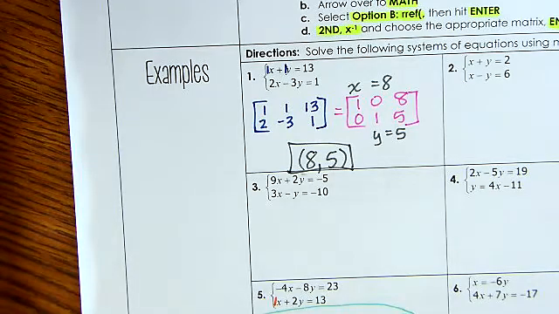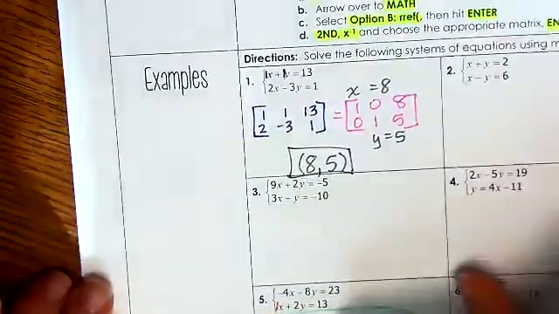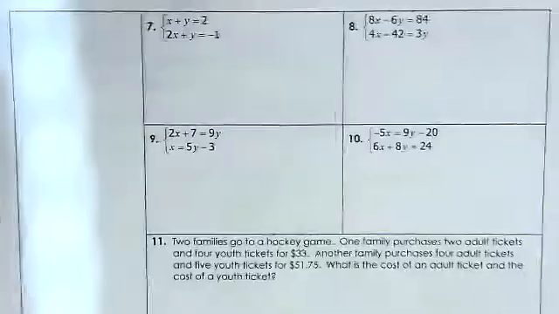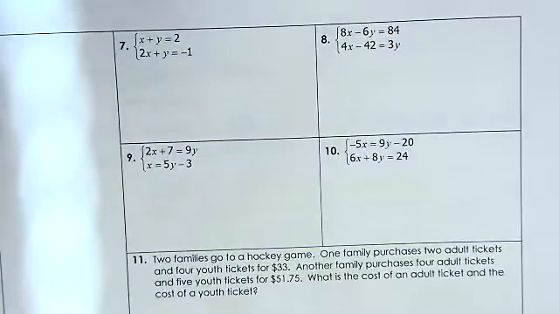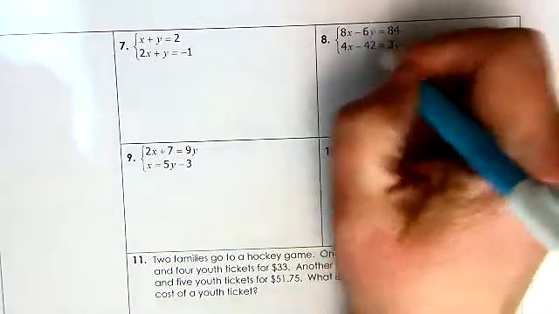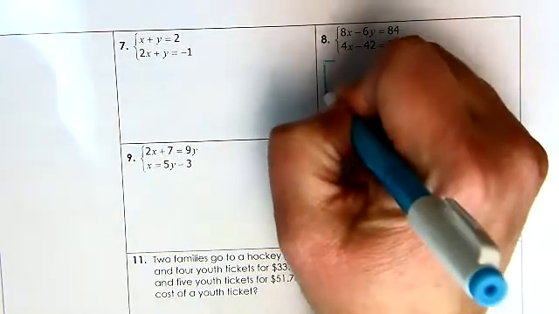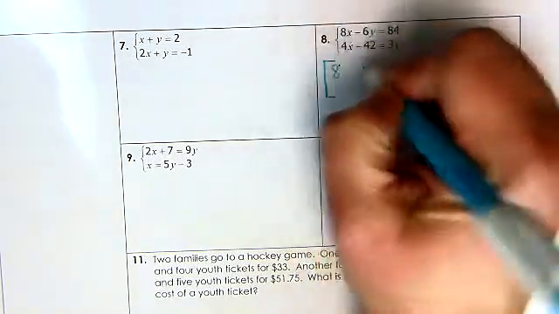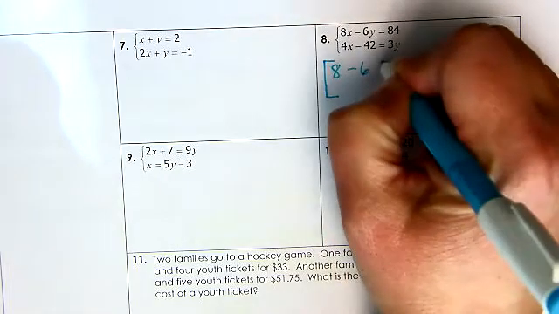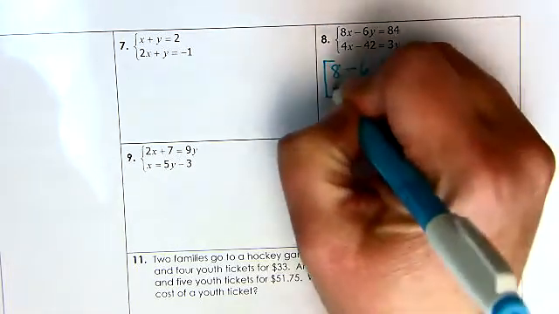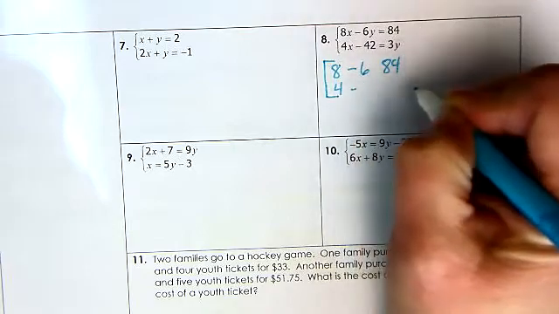Next problem. Okay. Looking at 8. All right. Well, first thing we got to do is we got to write our matrix. So we have 8, -6, 84, 4. Oh, wait a minute.